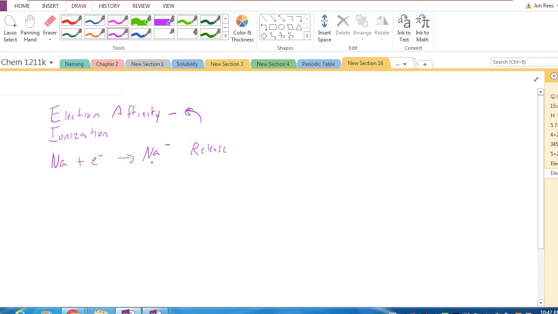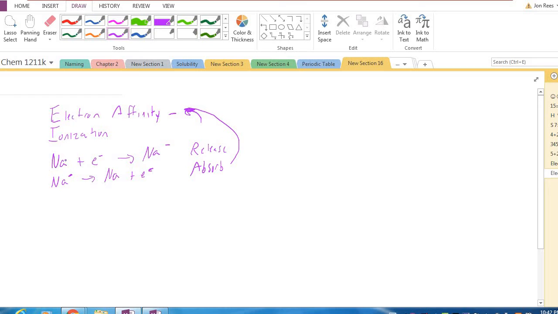The opposite of that reaction, if we flip that arrow around, would mean that the sodium anion gives us Na plus e minus, and that would absorb energy. The magnitude of the energy it would absorb is that electron affinity.